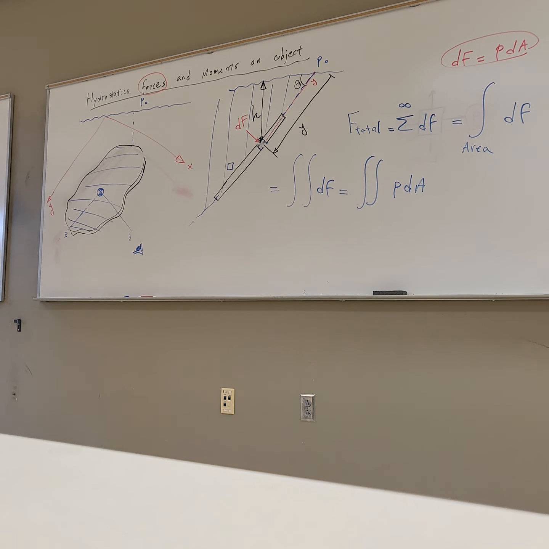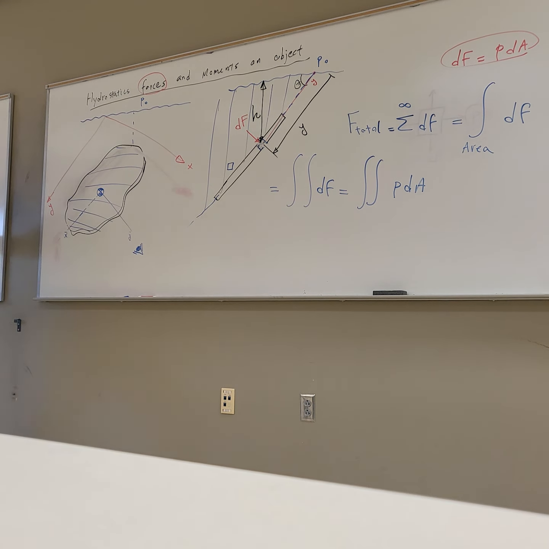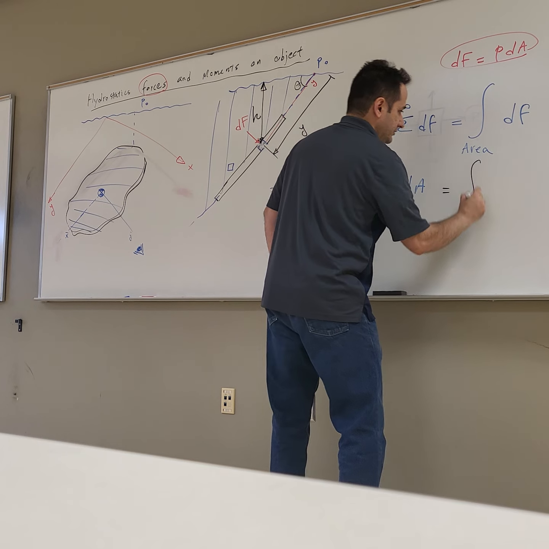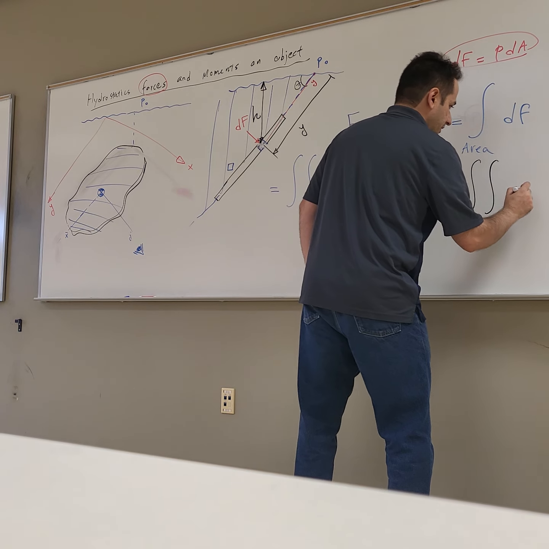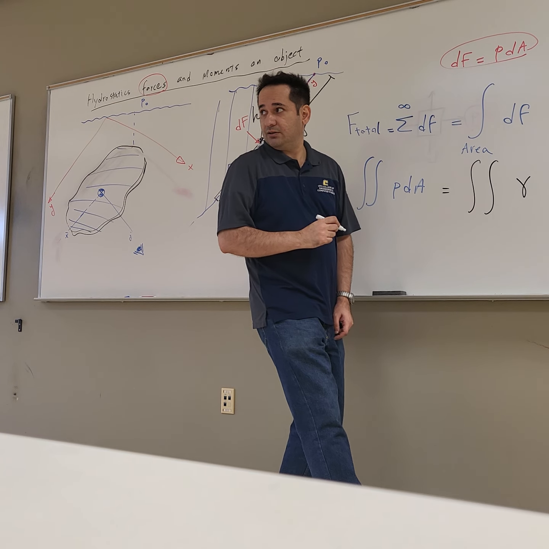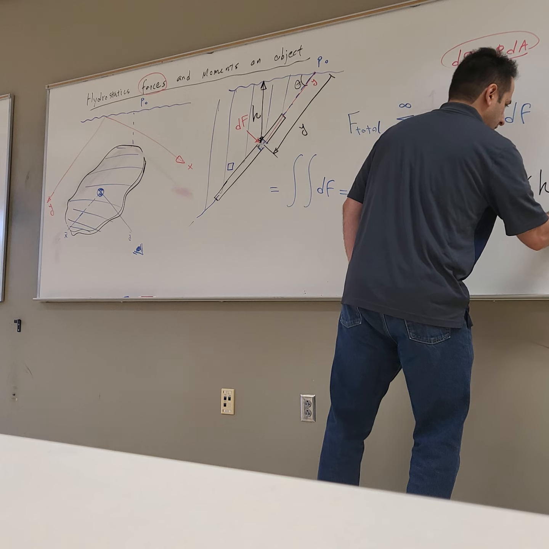See that? So what can I write for P at this point? Well, I go back to my lecture from the last class. P is gamma H, right? So I can write in the double integral P as rho g, for gamma, times H times dA.